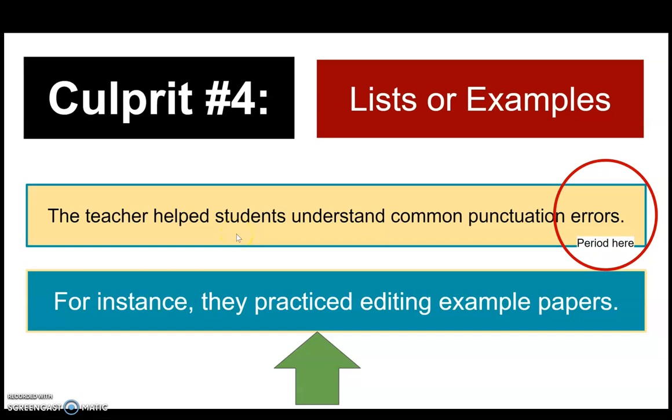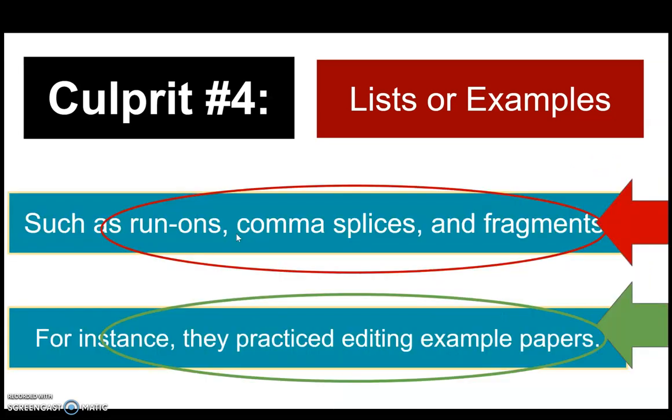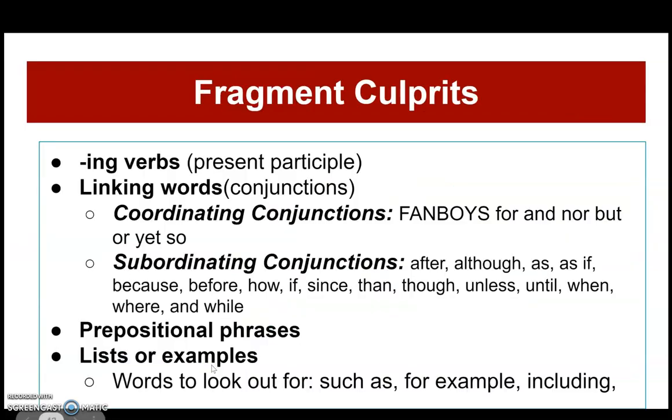In this case, we have two independent clauses and they work. So let's look at this more carefully. Such as run-ons, comma splices, and fragments. That's our fragment. For instance, comma, they practiced editing example papers. So the difference being this is set up as a list without our main subject and verb, but here we have our main subject and verb.